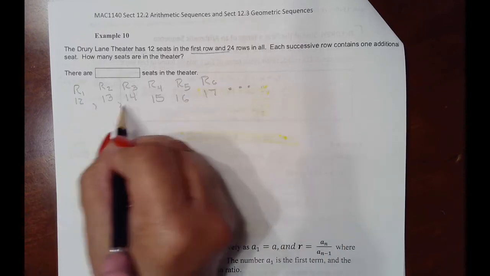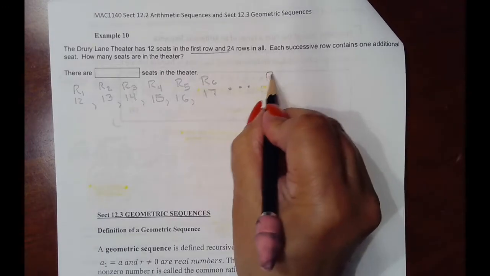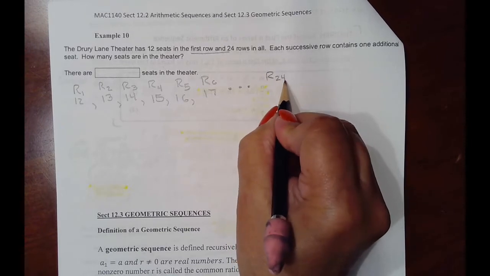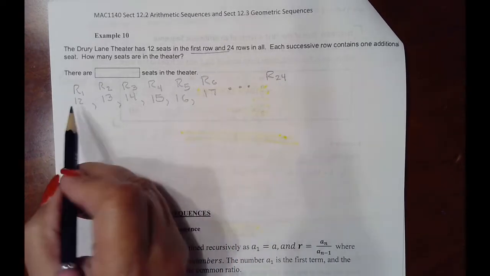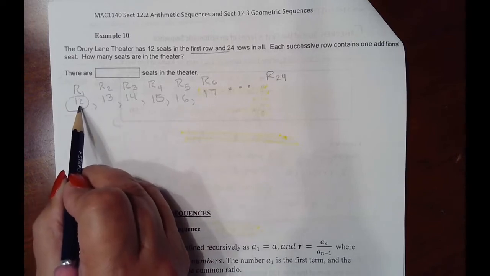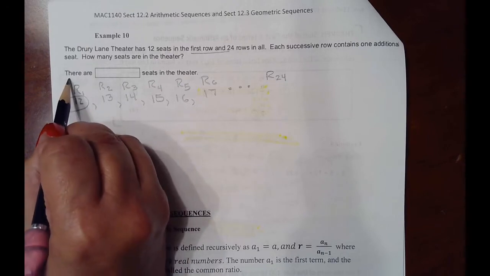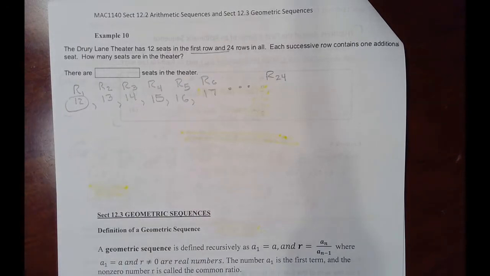So what you have here is a sequence. Okay, and then they're saying that we're going all the way to row 24. Okay, so when you're talking about having this value of 12 seats in row 1, that 1 means that the n value is equal to 1.